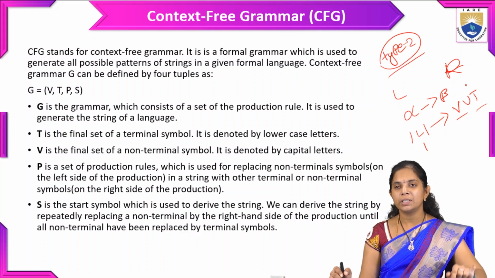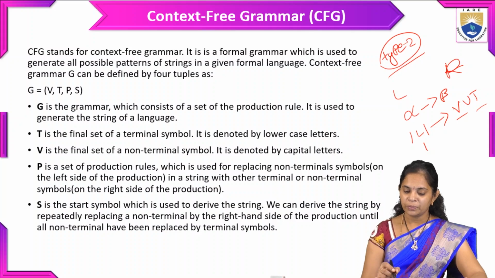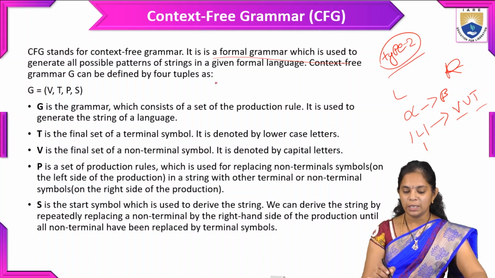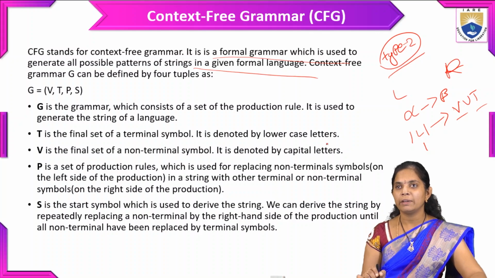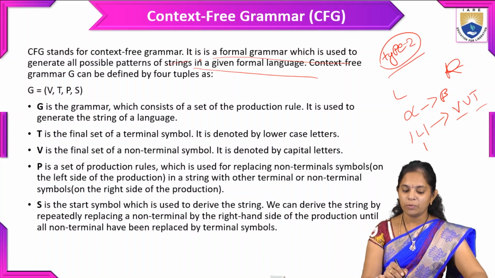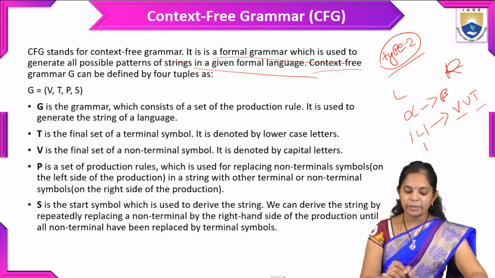Then what is the type 2 grammar and its formal definition, we will discuss. It is a formal grammar which is used to generate all possible patterns of strings in a given formal language. So in a given formal language, when we need to recognize the strings, we use context free grammar. And what is the definition?